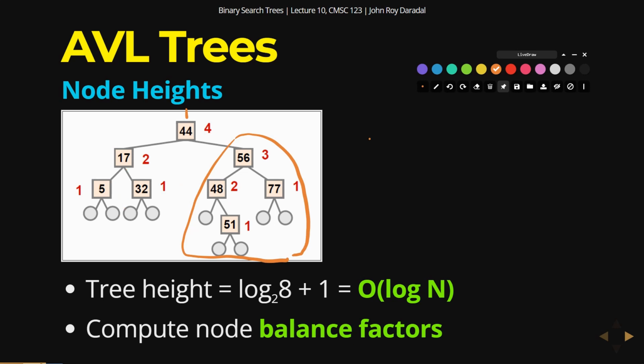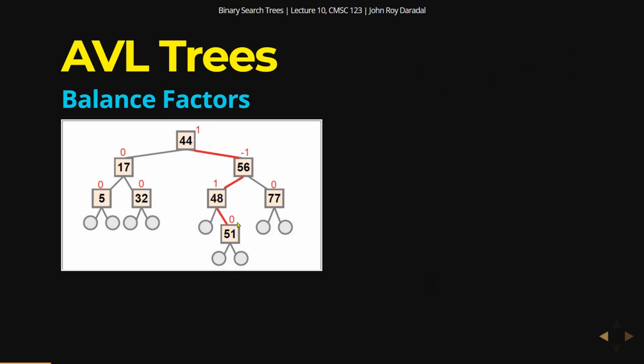Okay, so those are the balance factors. You have the zeros for those with null nodes as children, and for 17 it's also 0, right? Because 5 and 32 are balanced, and then for the rest you have right heavy for 48, left heavy for 56, and for 44 it's also right heavy.